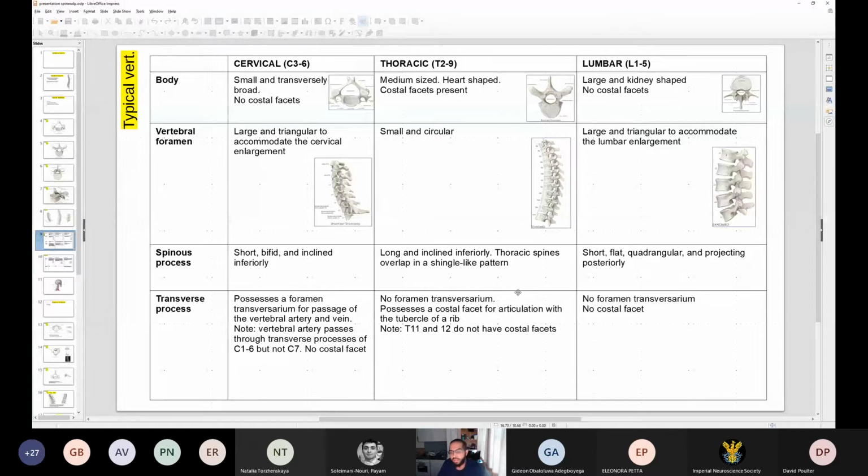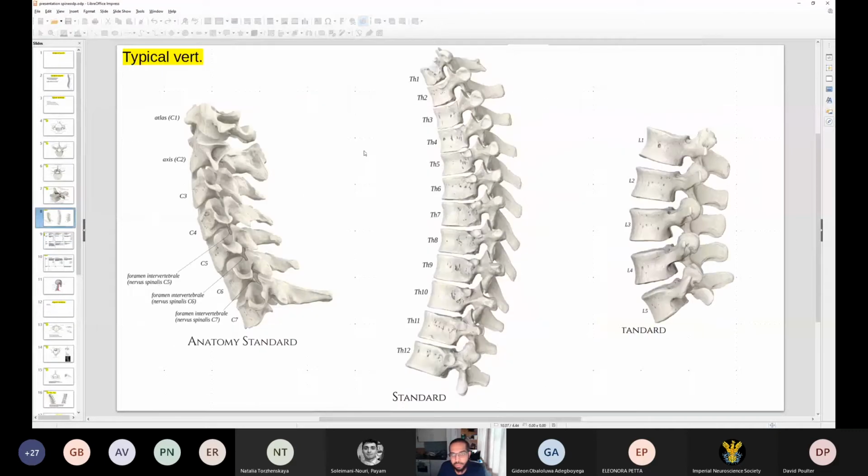So they contain a costal facet for articulation with the tubercle of the rib. Sorry, we didn't demonstrate this in the slides up here. So this is the body, and this is the transverse process. You can see a flat surface here, and a very small notch here.